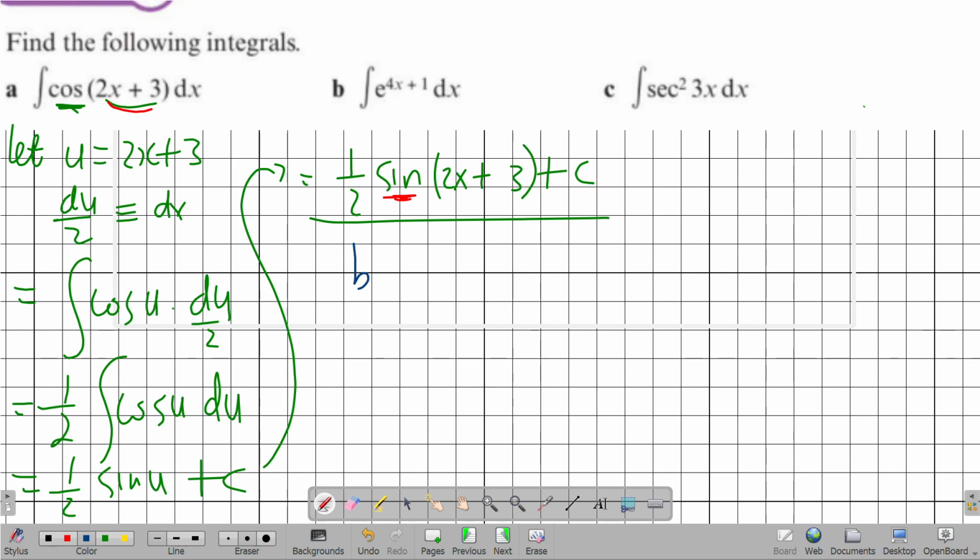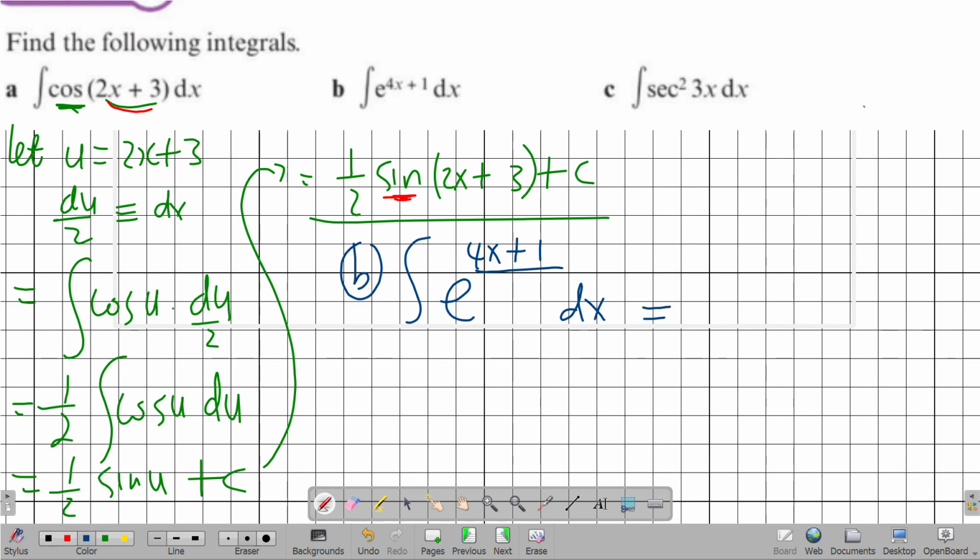So that means to find the integral of e^(4x+1) without doing the substitution, which is the correct method, one would simply look at it and ask what is the derivative of 4x + 1. The derivative of 4x + 1 is just 4.